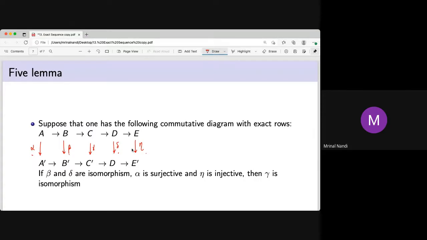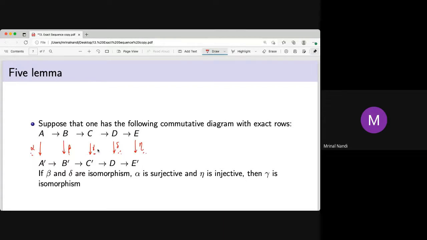Now you use the four lemma for A, B, C, D and the four lemma for B, C, D, E. What will you get? Now alpha is surjective, beta and delta are isomorphisms, that means injective, that means gamma is injective. Now side by side, for B, C, D, beta and delta are isomorphisms, that means surjective, and eta is injective, that means gamma is surjective.